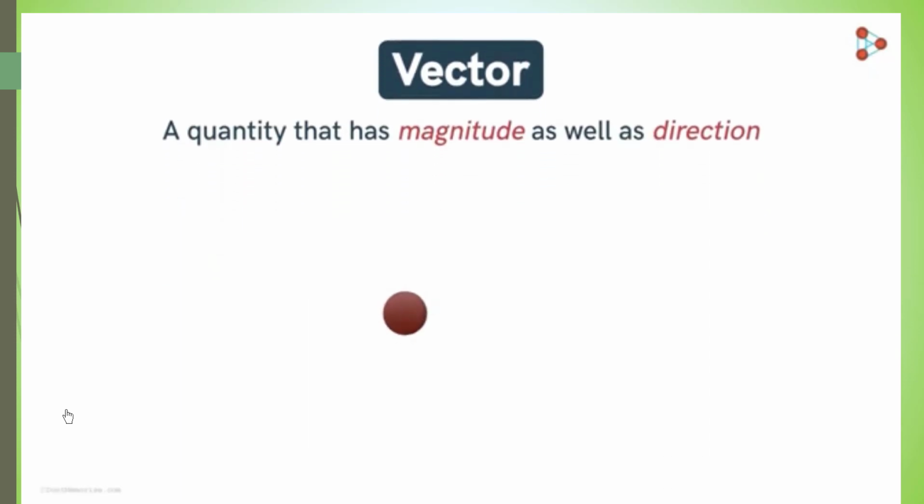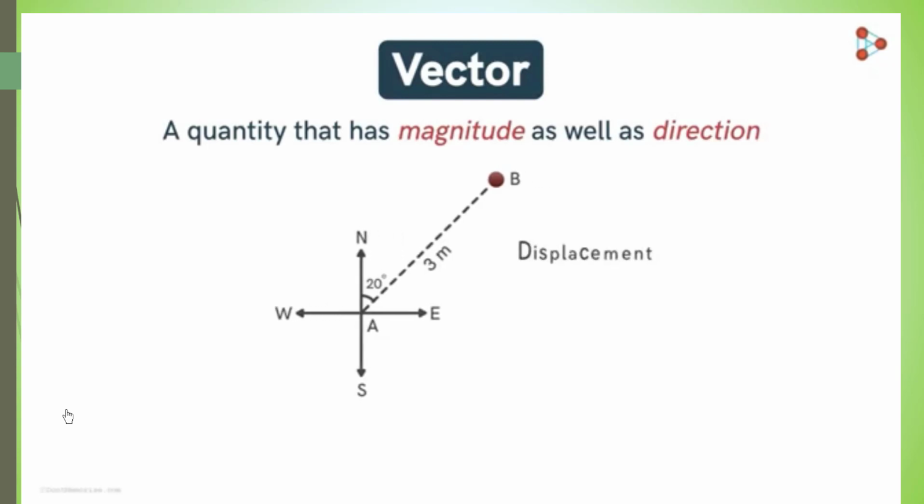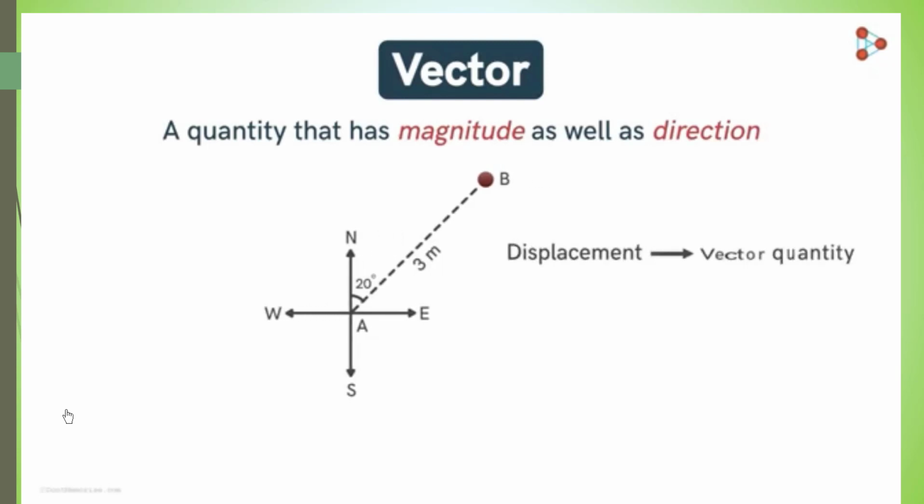If we consider a point A and a body, it is displaced from A to B. This 3 meter is its displacement, which is a vector quantity. The body moves from A to B, traveling 3 meters, 20 degrees north of east.